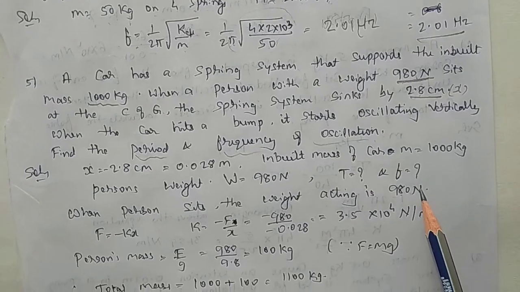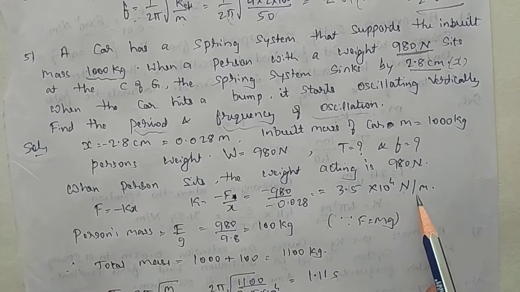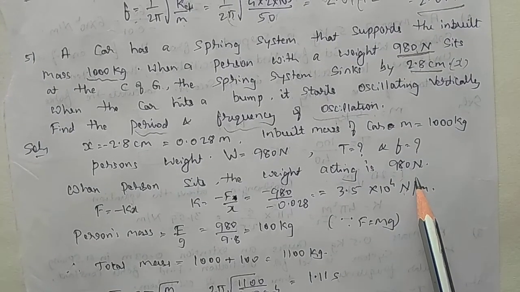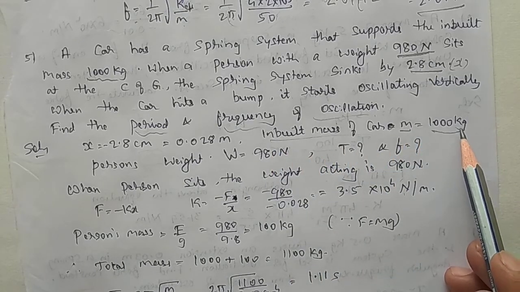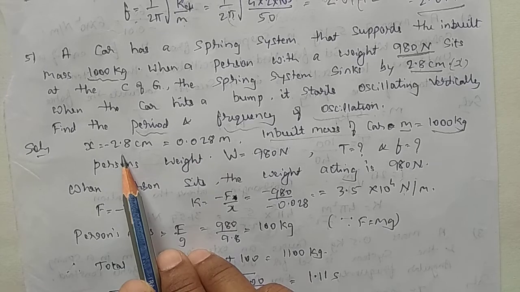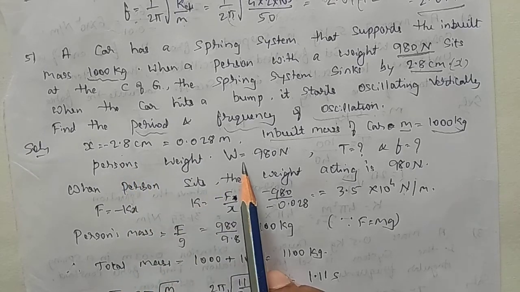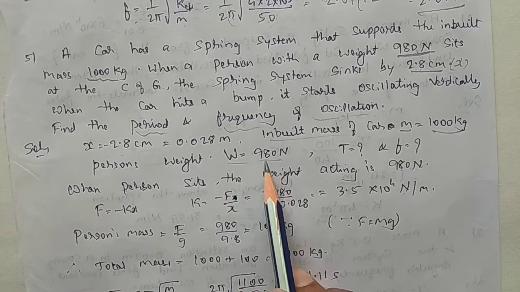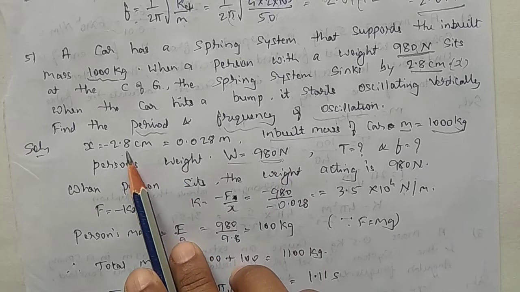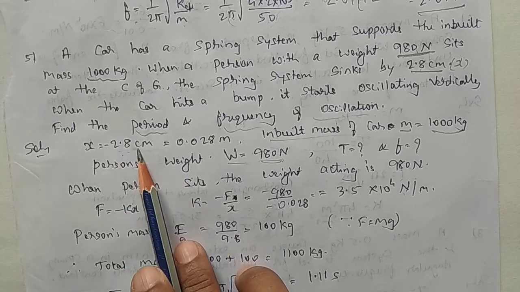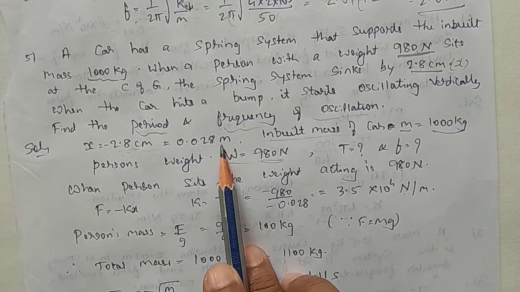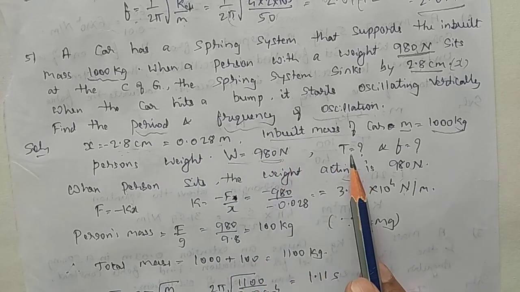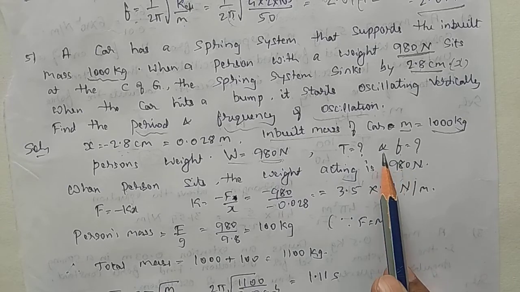It means the car whose mass is 1000 kg, a person of weight 980 Newton sits, and the displacement was observed to be 2.8 centimeter, or in meter 0.028 meter. At that time, find out what is T and f.